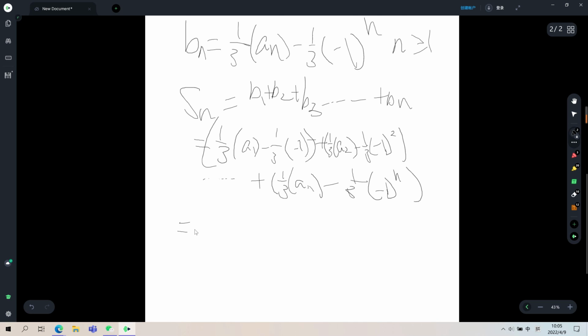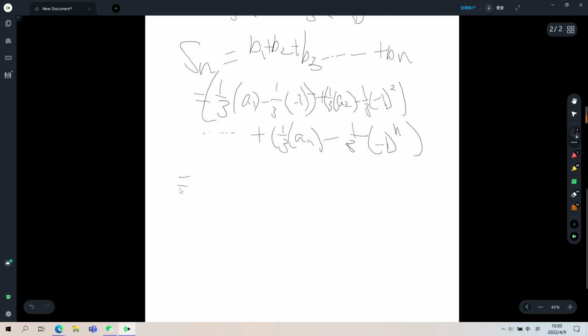Rearrange this equation. What we get is 1/3 of a1 plus a2 and so on until an, minus 1/3 of negative 1 plus negative 1 to the power of 2 until negative 1 to the power of n.